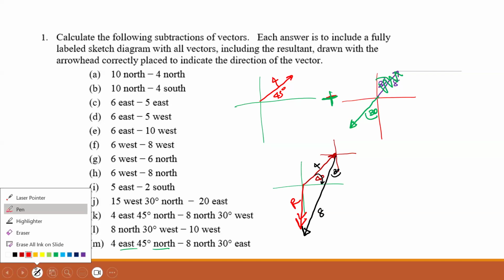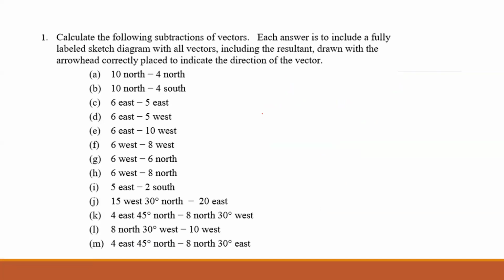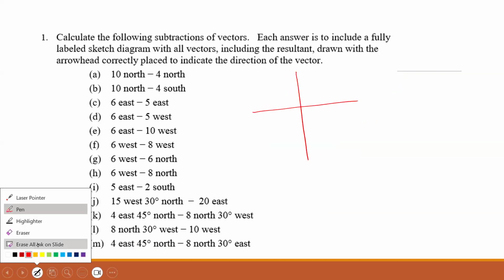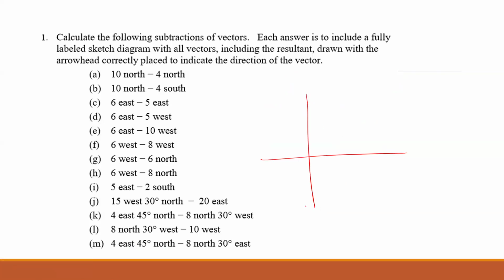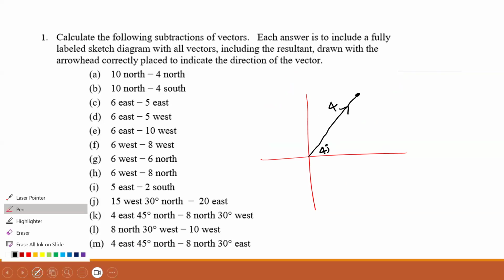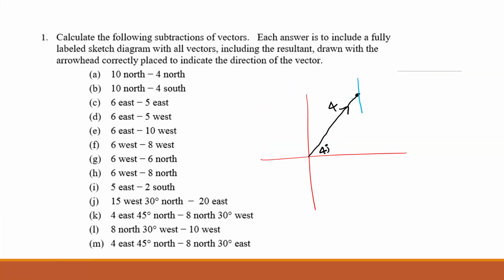If it is not clear enough for you to recognize this, I'll draw it again. Sorry. Drawing is very important, otherwise you can't figure it out. So you are going 45 degrees, and you are stopping here. So that is 4. And where you are now, you need to make 30 degrees from this vertical axis.